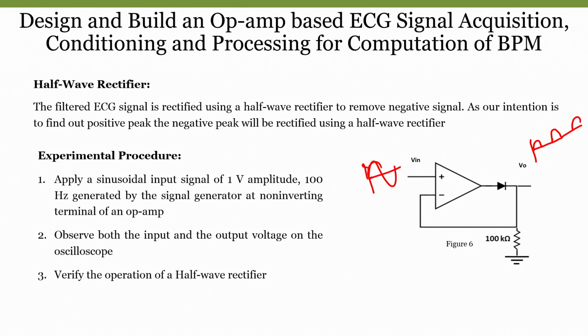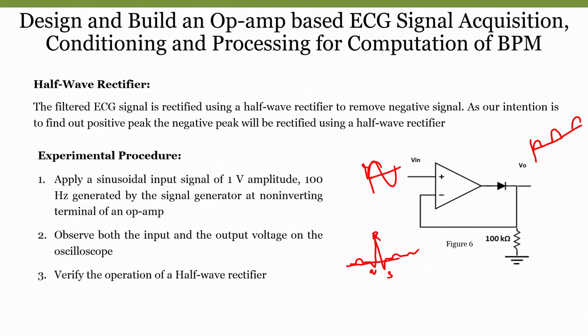Why do we have to go with this circuit? Because our ECG signal will look something like this. Since our interest is only this QRS peak, we do not have to consider the negative part, and this is nothing but an unwanted signal.